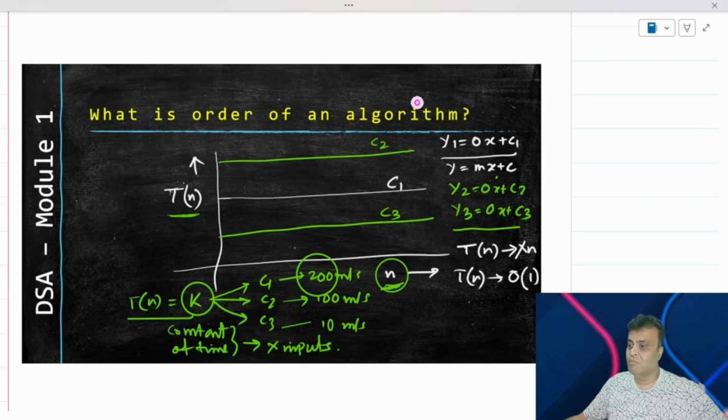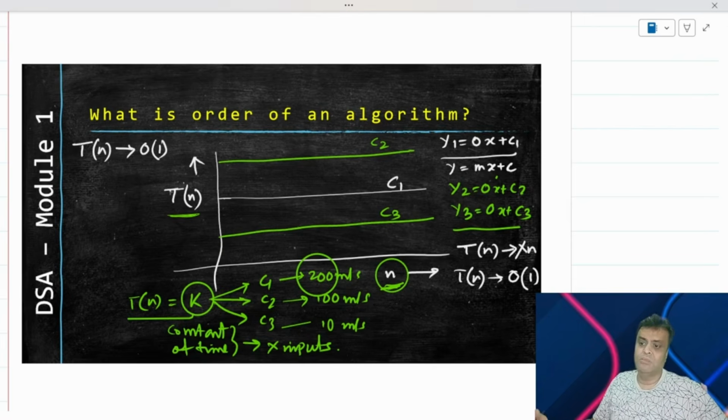So what we have established is that the time taken by a polynomial is represented as an order, and that order can be order of 1, which basically means it does not depend on the number of inputs, it remains constant time. The constant time can change machine to machine. That's why I will represent it by a generic word which is order of 1, and that 1 can be used to multiply and get into the scenarios of various different machines.